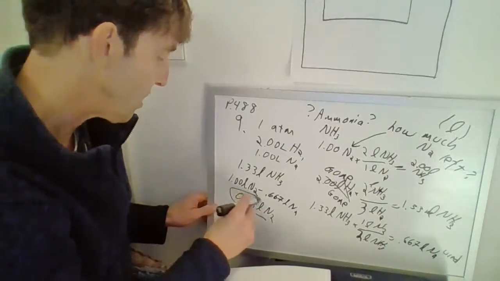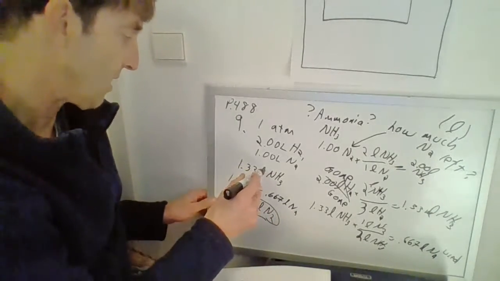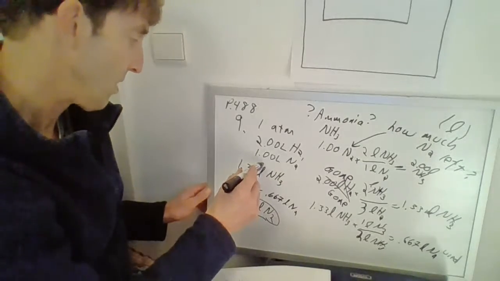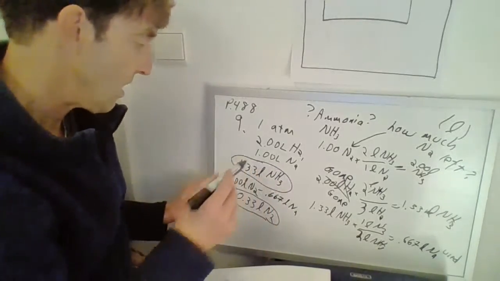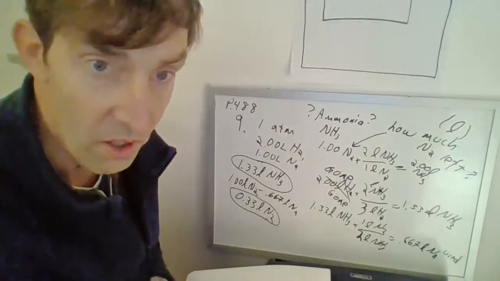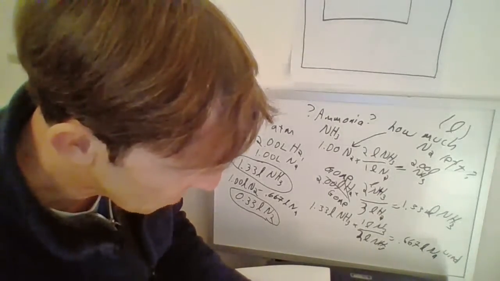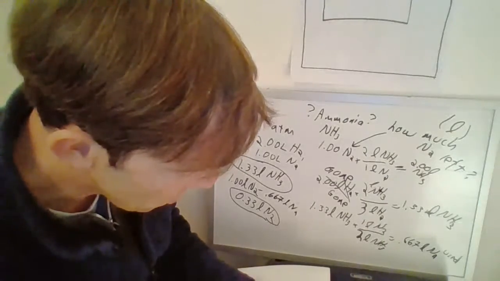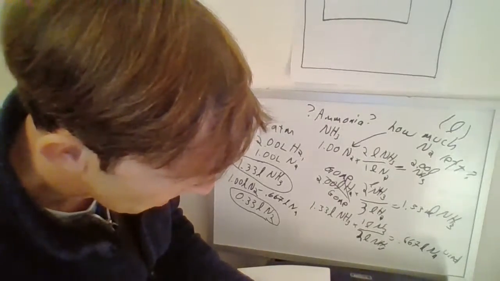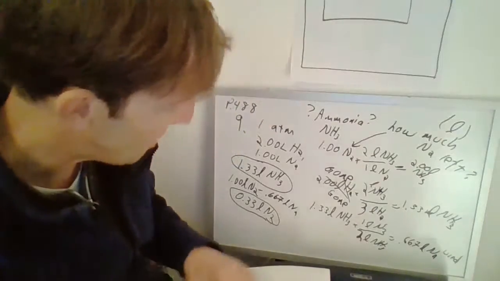So I got this, and I got this. And now we can actually answer their question. All right, let's go back and see which one they want. Give the partial pressure of each gas and the total pressure in the system when the reaction is complete.